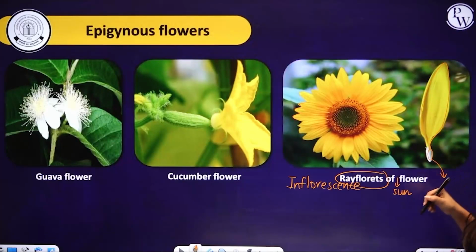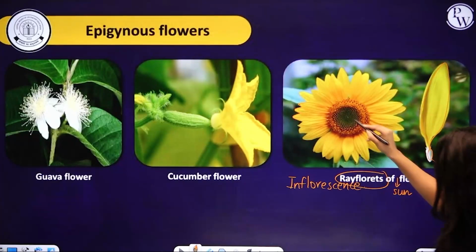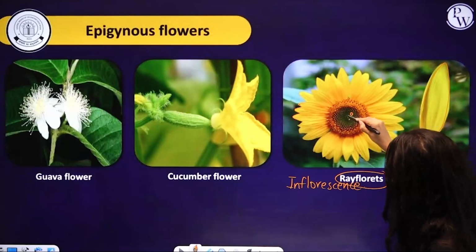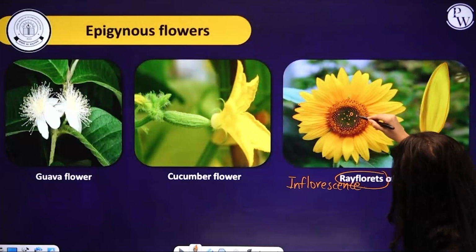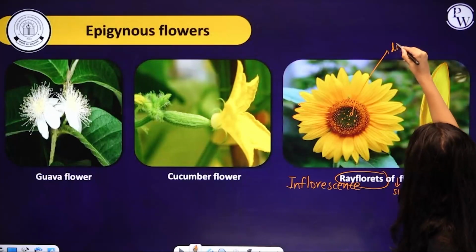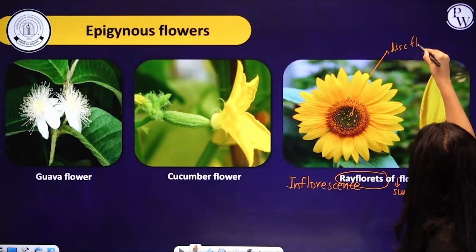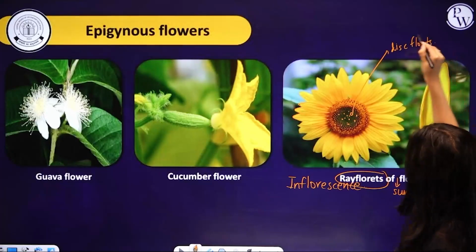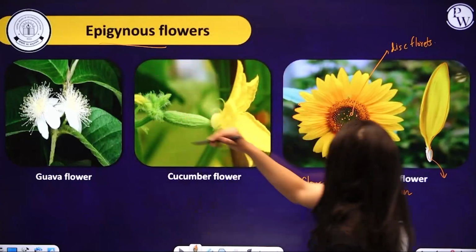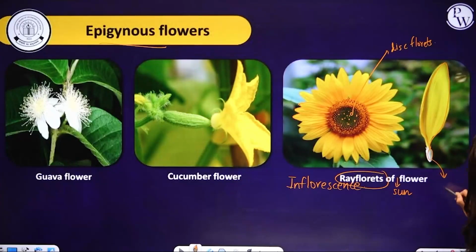So this is example for epigynous flower. Similarly, the very tiny inconspicuous flowers present in the center of sunflower are called disc florets. Okay, so this epigynous nature of flowers can be observed in these ray florets of sunflower.